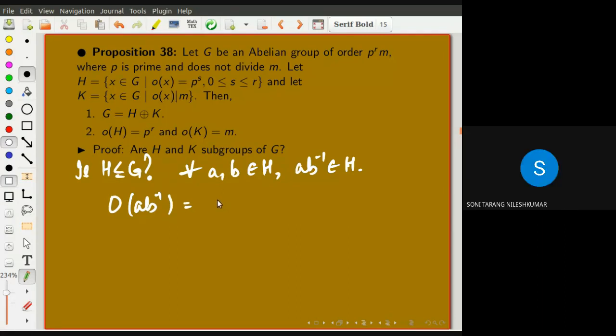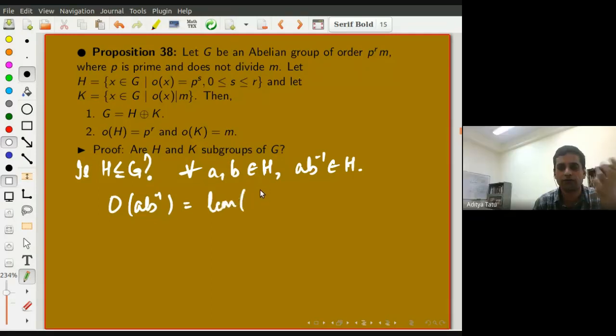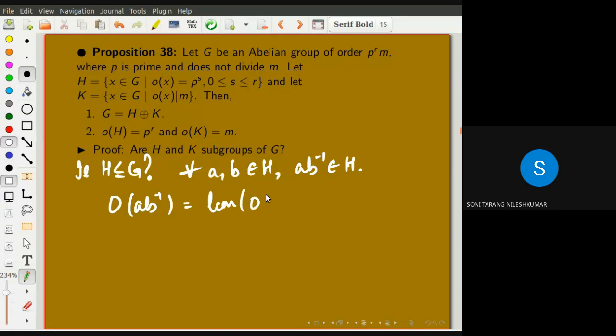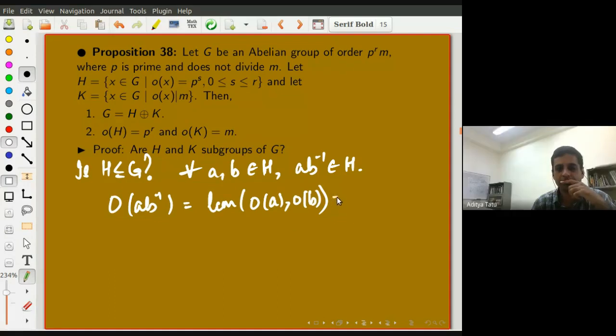So it will be LCM of order of A and order of B inverse, and order of B inverse would be order of B. So this is nothing but LCM of P to the power S1 and P to the power S2.